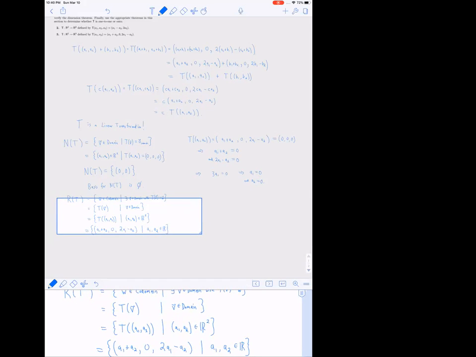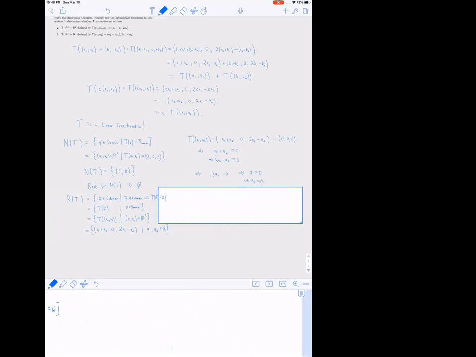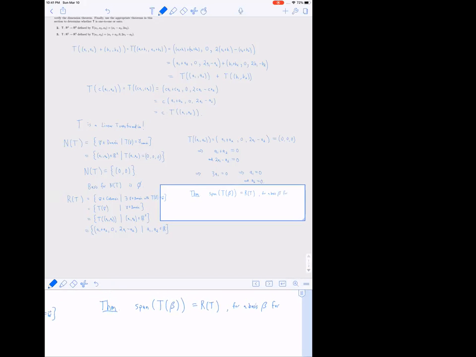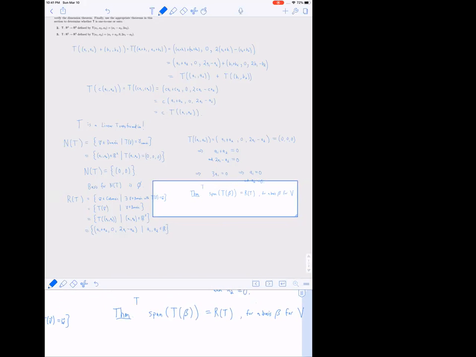How do we find a basis for the range? Well, there's a theorem that we will be discussing in class, and it's in the book. And it says that the span of T of a basis beta for the domain V is equal to the range of T. I guess the setting here, let's say that T is a linear transformation.